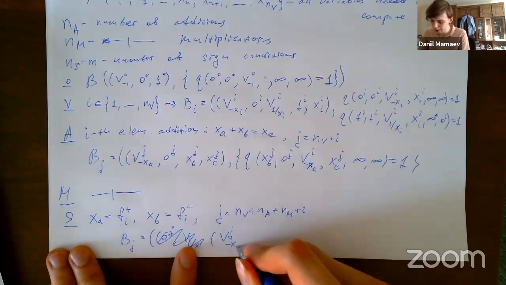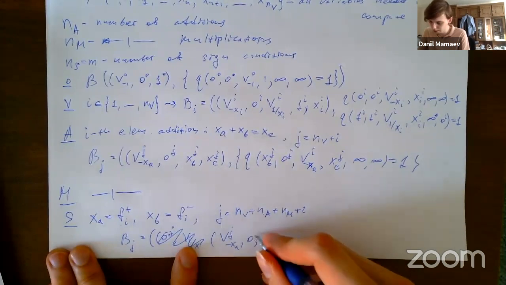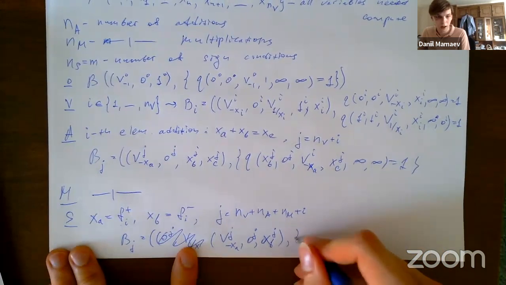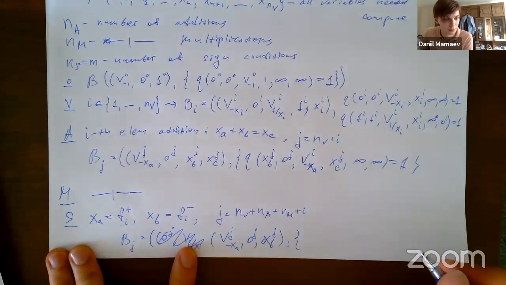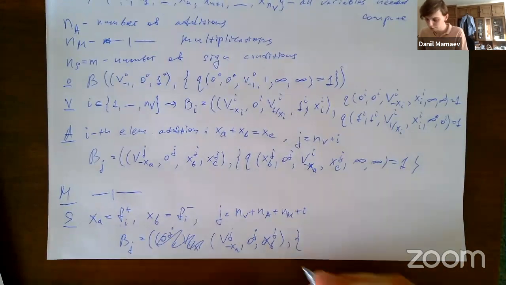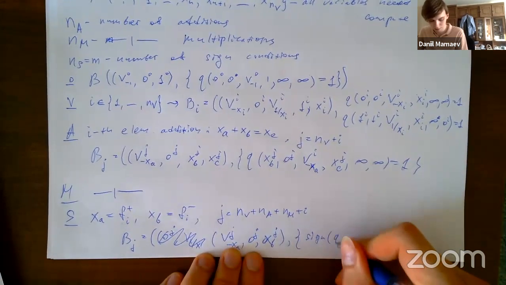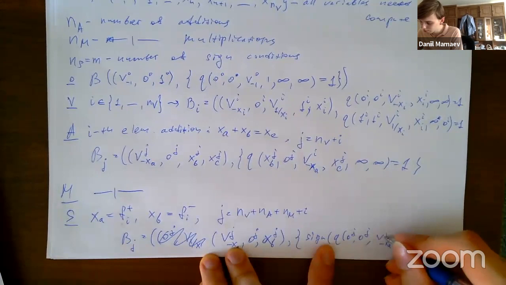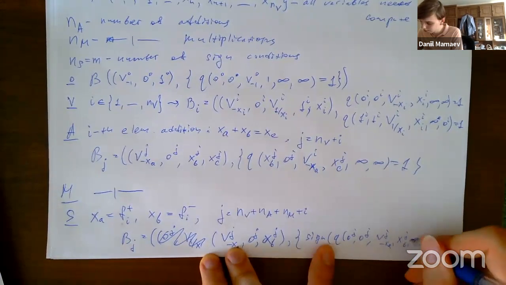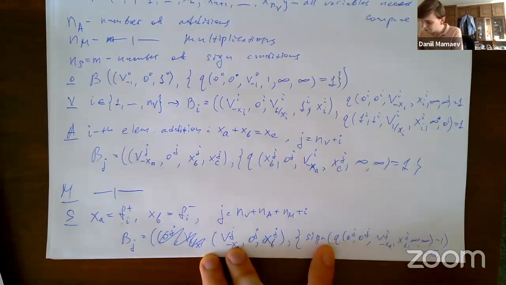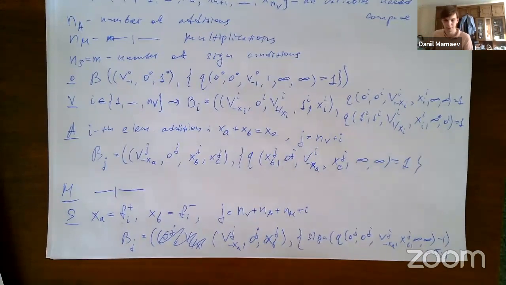You introduce these variables, and the sign is prescribed by the sign given by the partition.